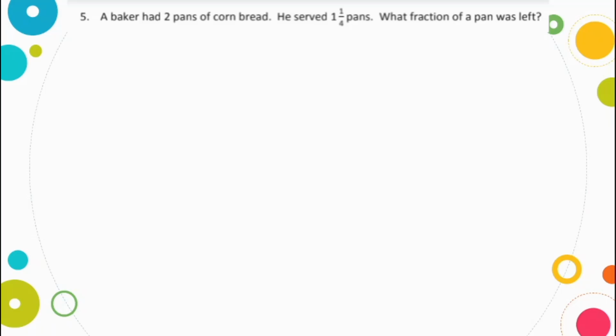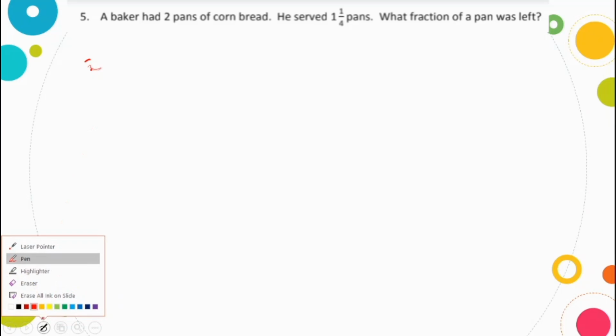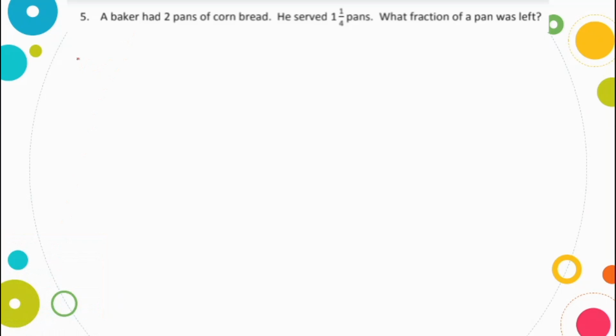A baker had 2 pans of cornbread. He served 1 and 1/4 pans. What fraction of a pan was left? So the baker has 2 pans.